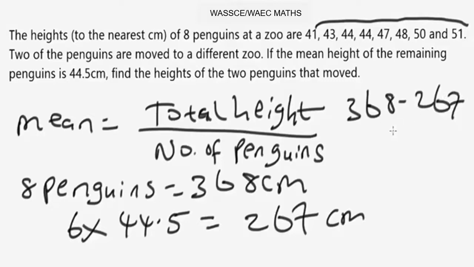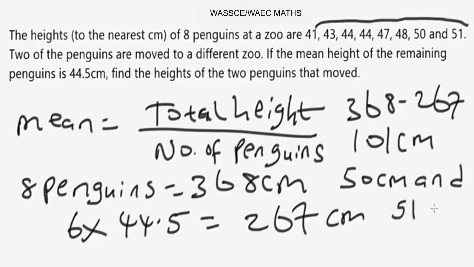So when you punch it in the calculator, you're going to have it to be 101 cm. Alright, so basically the heights of the two penguins that moved must be 50 cm and 51 cm, because when you add 50 cm and 51 cm, you will get 101 cm. Right, so that's the logic behind this question.